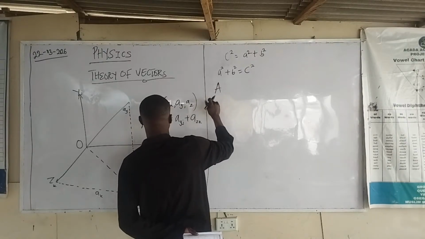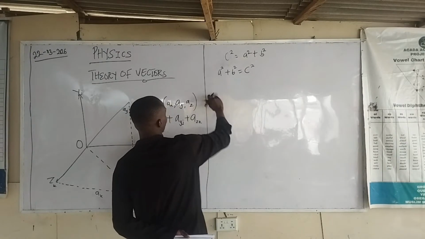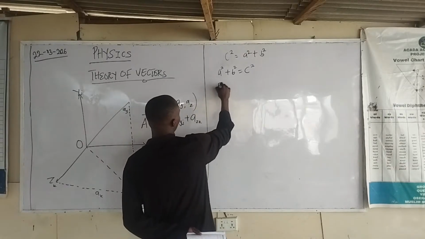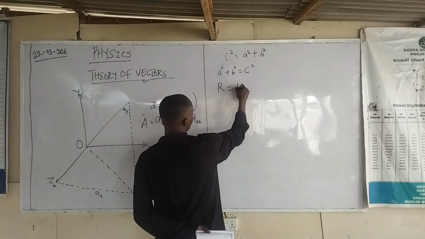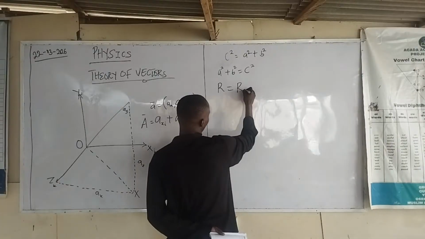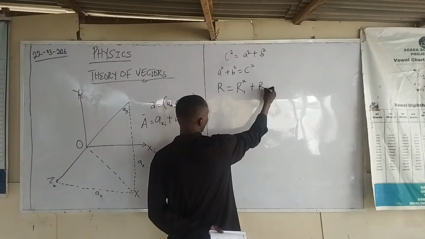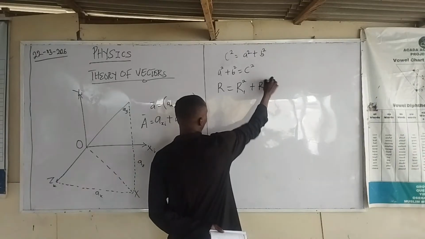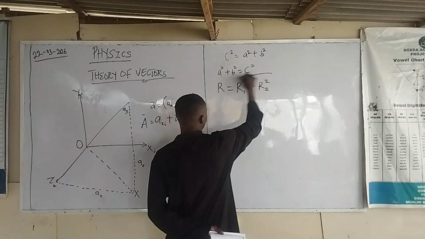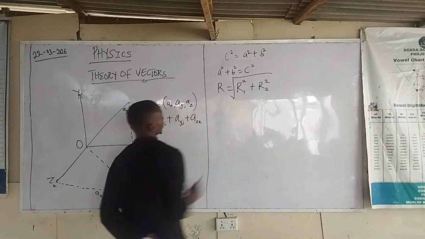For 2 dimensions, we have R, assuming this is the first one, which is R1 square plus R2 square. So it will now be the root of this.